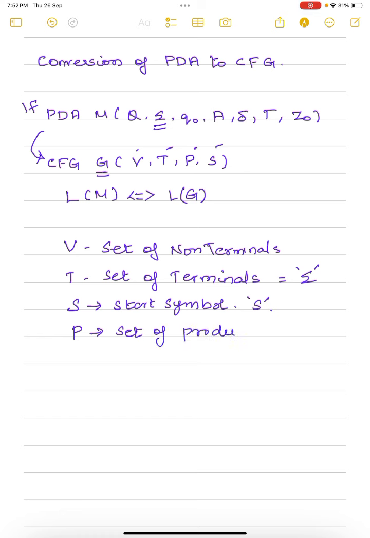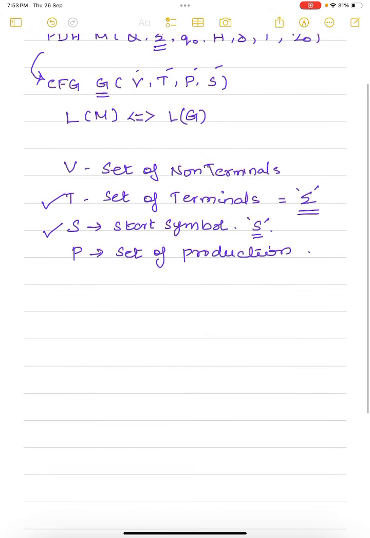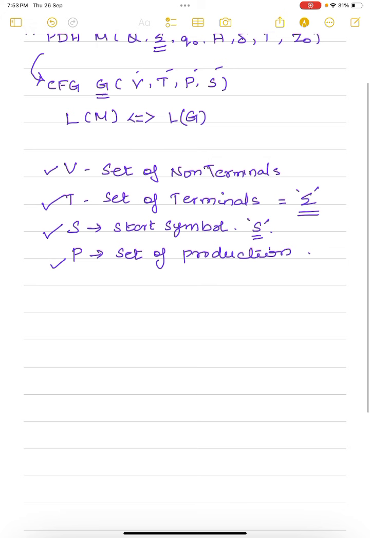So in conversion of a push-down automata to context-free grammar, our set of terminals is going to be the same as the input symbols of push-down automata, and we are going to assume a special symbol S as the start symbol of the context-free grammar. So now our task is to define the rules for how to specify the set of non-terminals and the set of productions.